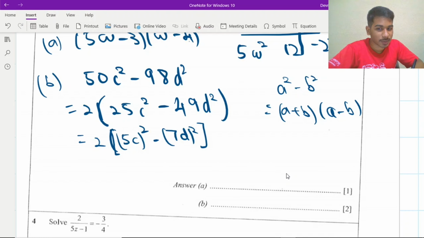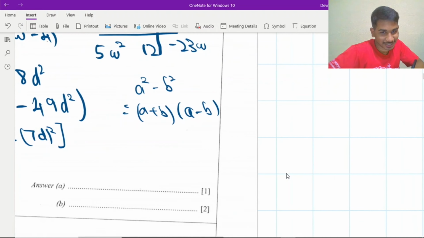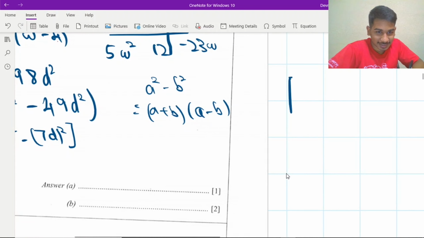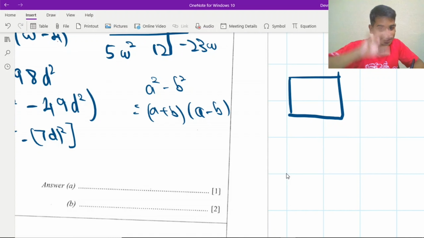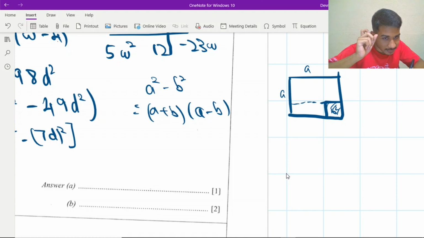I really want to show you guys where it comes from. Okay, let's just sidetrack a bit. This is fun. There's a square which has an area of a squared, and there's a smaller square which has an area of b squared, and then the whole thing is a square, a times a. So if you take away this square, we're left over with this area. We want to change the area to something times something. I had this idea of moving it there.